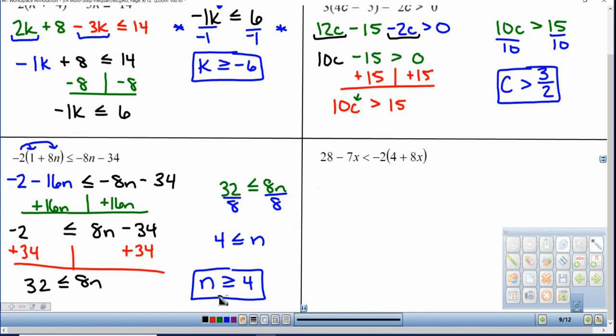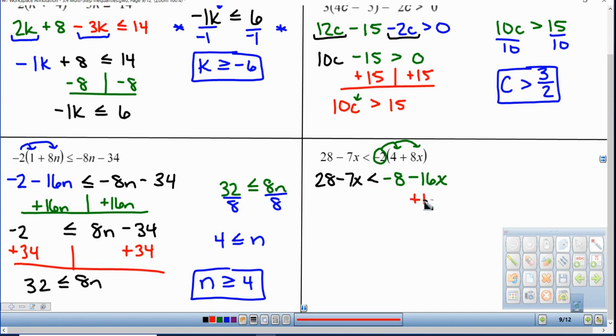Okay, similar problem. Left side is actually already simplified. The right side does present me with an opportunity to distribute a negative 2. So we're going to get negative 8, and then negative 2 times positive 8 is negative 16, and we still have the x. We have variables on both sides. I'm going to eliminate one of them.